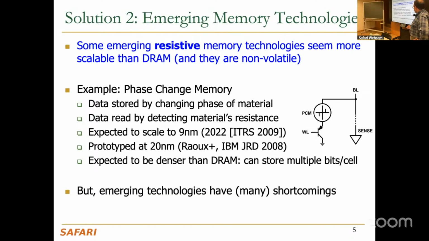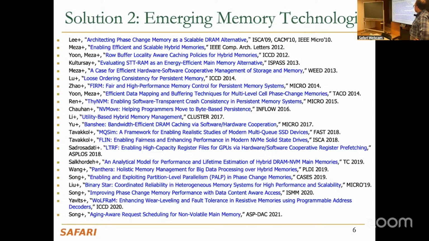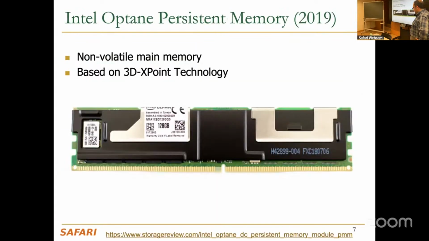However, emerging technologies have many shortcomings, and that's why we and many other people have worked a lot on this topic to make them possible. This is one industry solution, 3D X-Point, as an emerging memory technology, which is actually very similar to PCM.